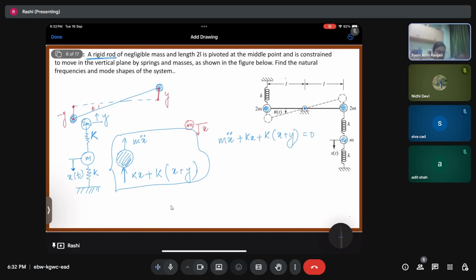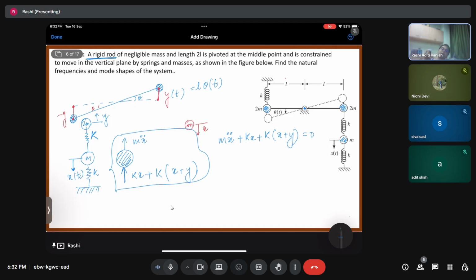Now, apart from that, using this displacement of the rod and relating it to theta, because we are looking at x of t and y of t, which is considered y as a function of time over here. But y is dependent upon theta as L into theta of t.